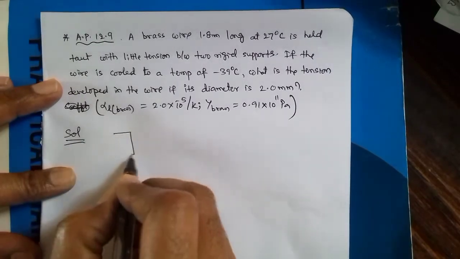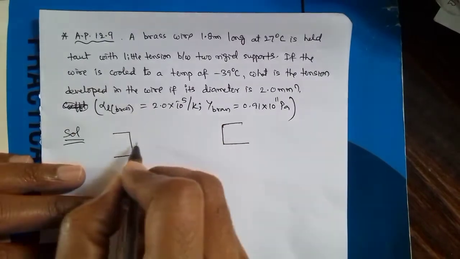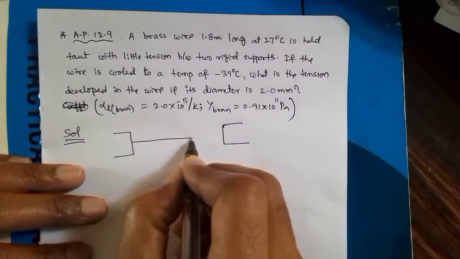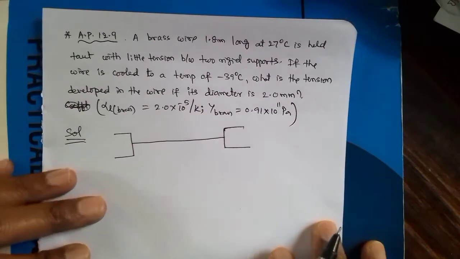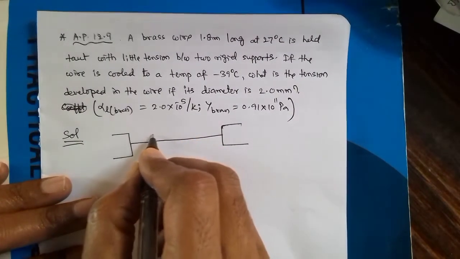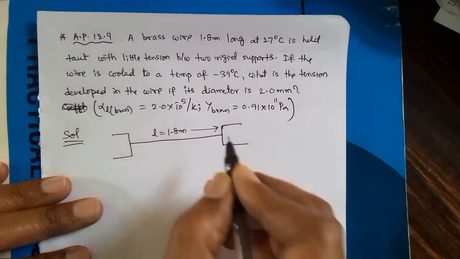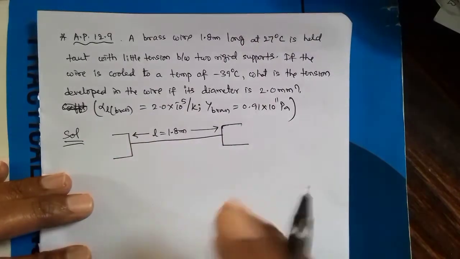Say this is one support, this is another support. Between the two supports a brass wire is held like this. Its length is given, 1.8 meter.